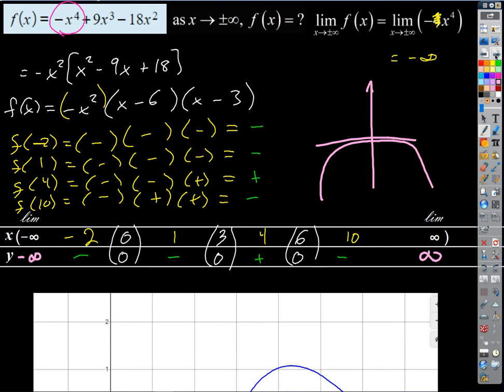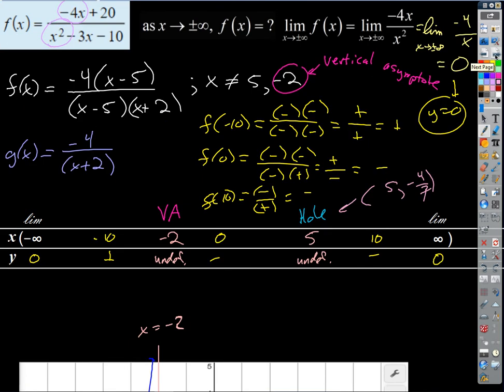It's a little bit tougher with a rational function, but our approach is basically the same. To find the end behavior, once again we look at the leading terms of the top and the bottom. As x approaches plus or minus infinity, we look at the ratio of the leading terms. The limit of f of x is the leading term on top divided by the leading term on the bottom.